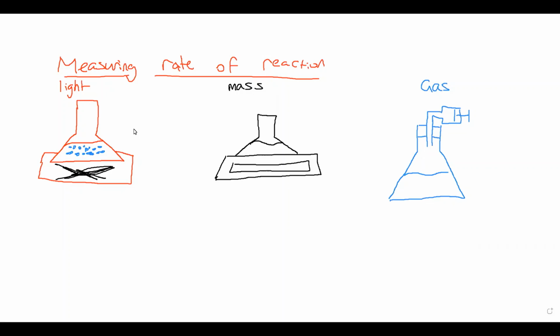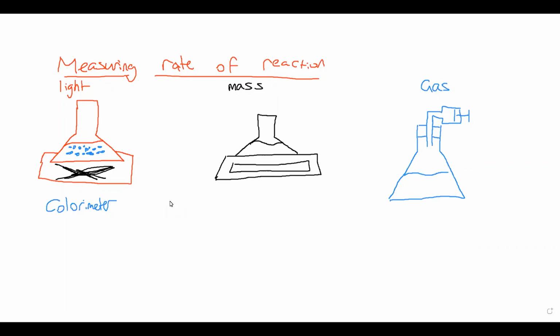So if you're having that trouble, then you could suggest to use a colorimeter instead. So the colorimeter measures the wavelength of light that is passing through a solution. And as the precipitate forms, we will get less and less light passing through the solution, and we'll be able to plot a graph from this of the amount of light going through decreasing over time, giving us our rate of reaction.